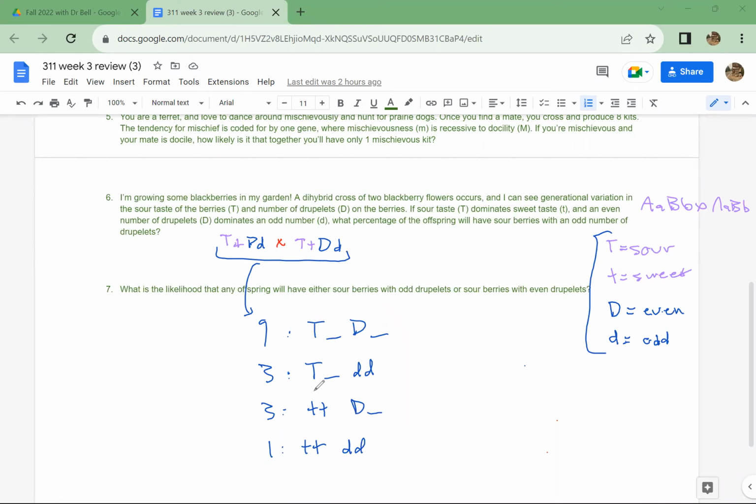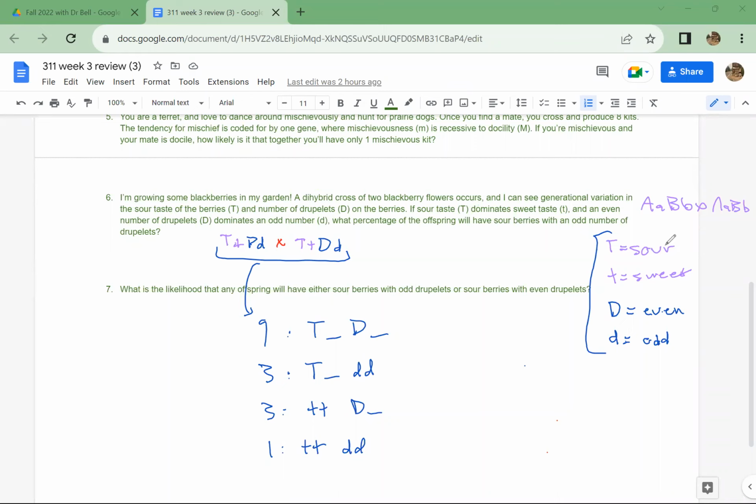So now that we know the genotypic results of the cross, we can start answering the question simply by associating a phenotype with that genotype. So let's talk about it. The answers are actually in the paragraph.